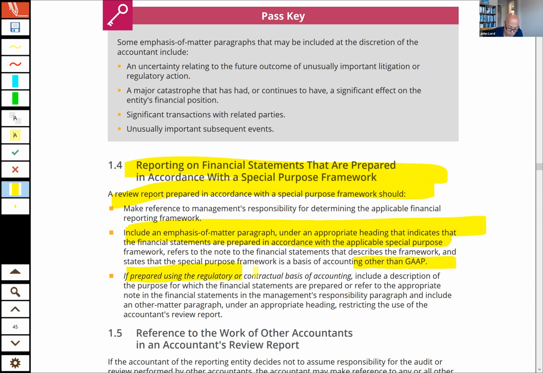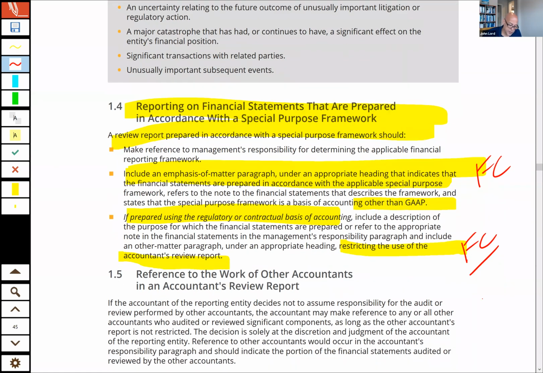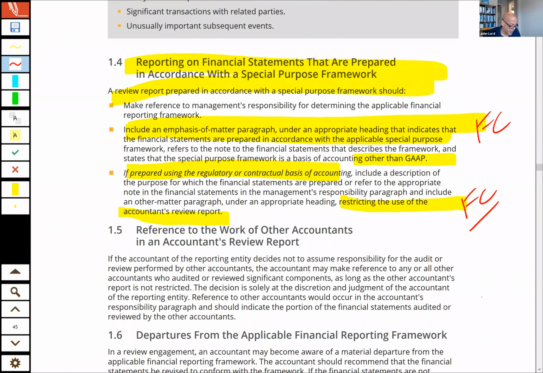If we're preparing a regulatory or contractual basis, then we will add that emphasis of matter paragraph. And here they did call out that we will restrict the report. That is typically the case if we're reviewing statements under a regulatory or contractual basis.